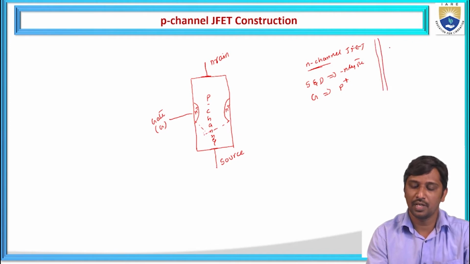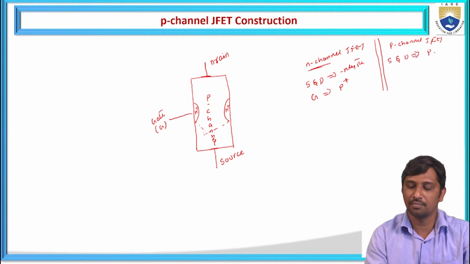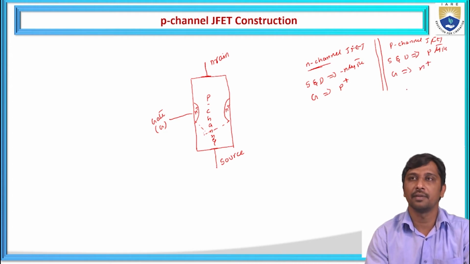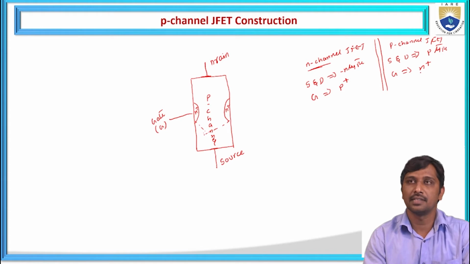Similarly, if you observe the P channel JFET, the source and the drain terminals are made up of P type, and the gate is made up of heavily doped N material. Hence, it is represented as N plus.